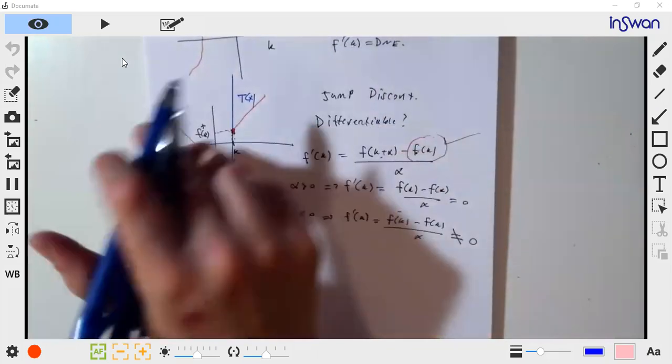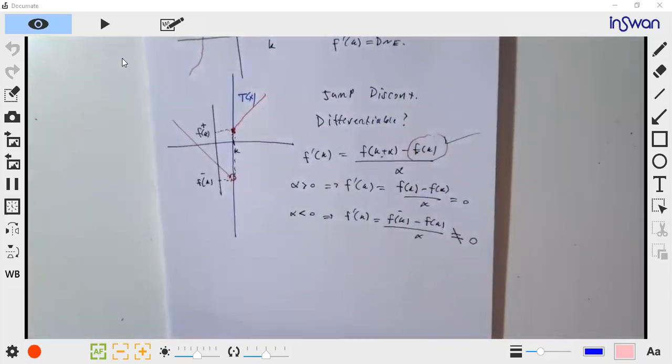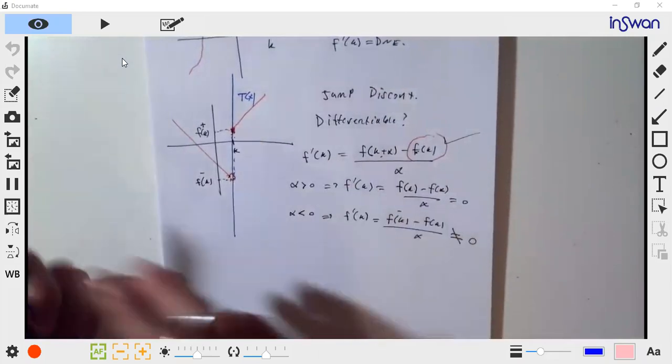And I know what you're thinking. Hey, this reminds me of the bonus question on the last test. Well, it's very much like that because you would have a vertical tangent line. So this function is not differentiable.